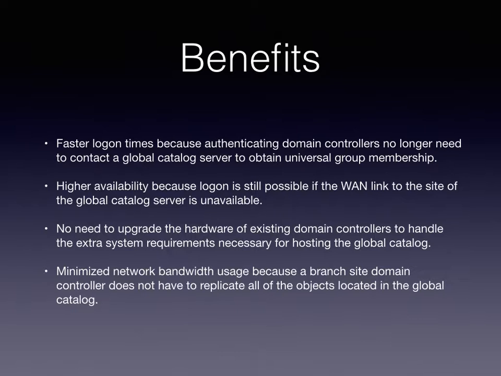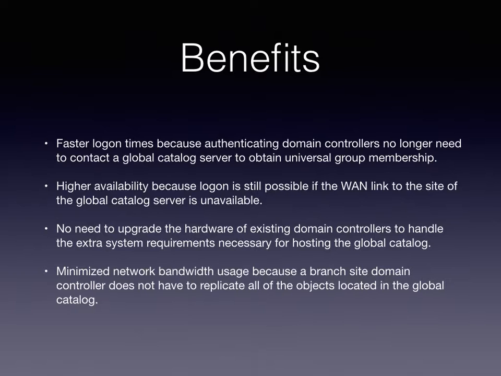Faster login times, because authentication domain controllers no longer need to contact a global catalog server to obtain universal group memberships. It has higher availability because login is still possible if the WAN link to the site of the global catalog server is unavailable.